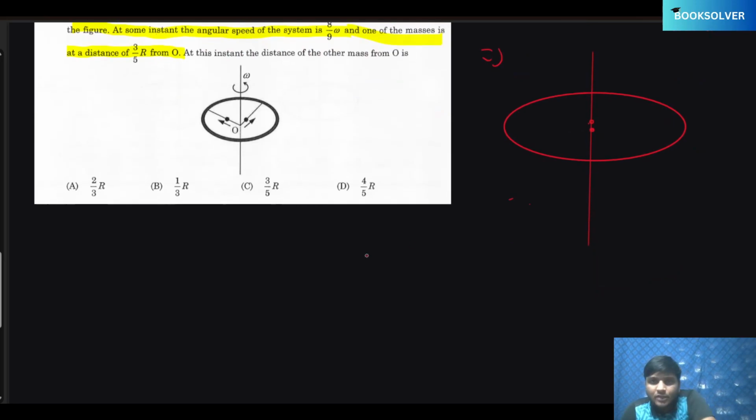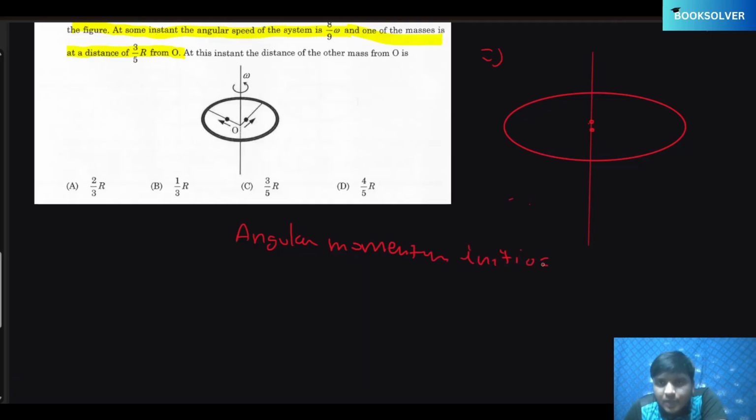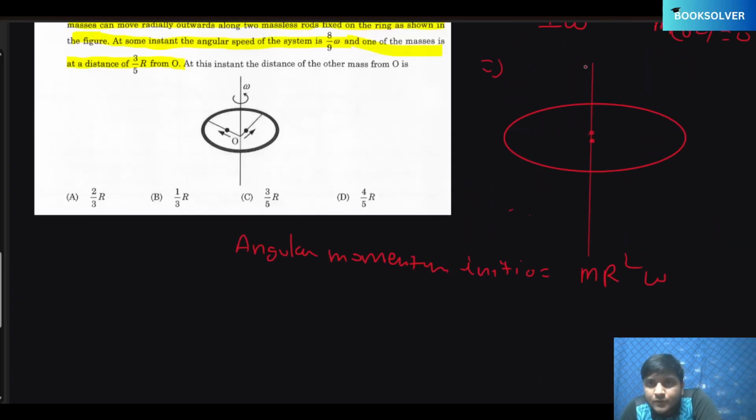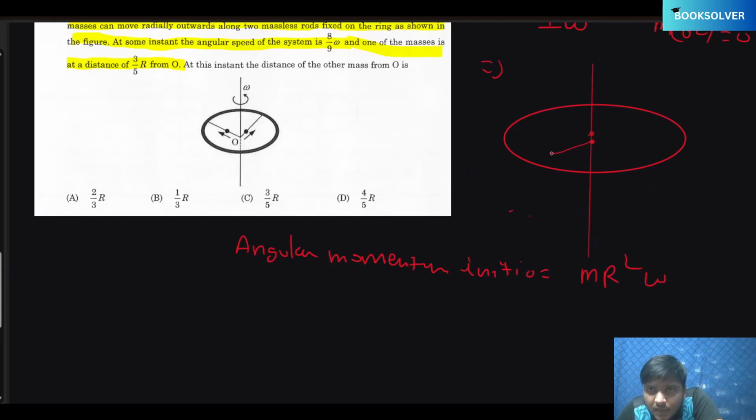Let's write the initial angular momentum. It should be equal to I of the ring, which is nothing but m r square, and omega was the initial angular speed.